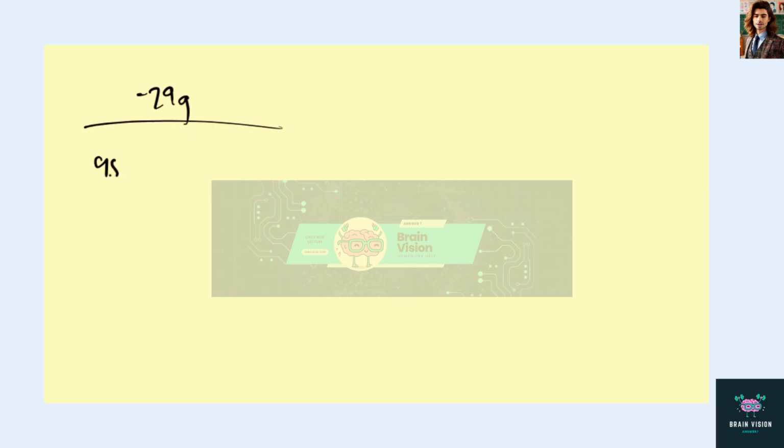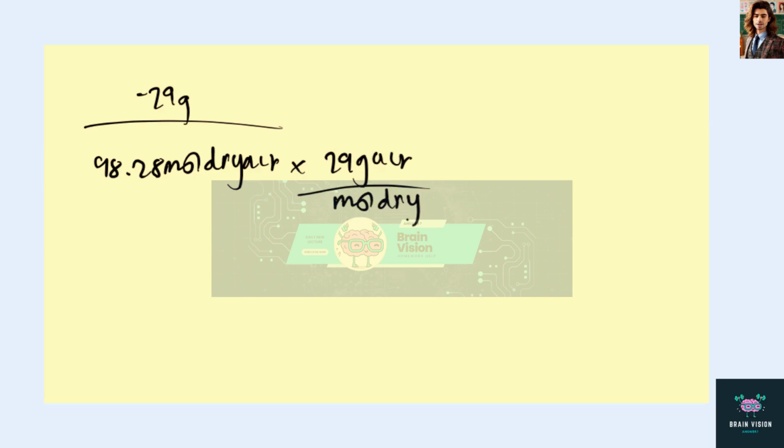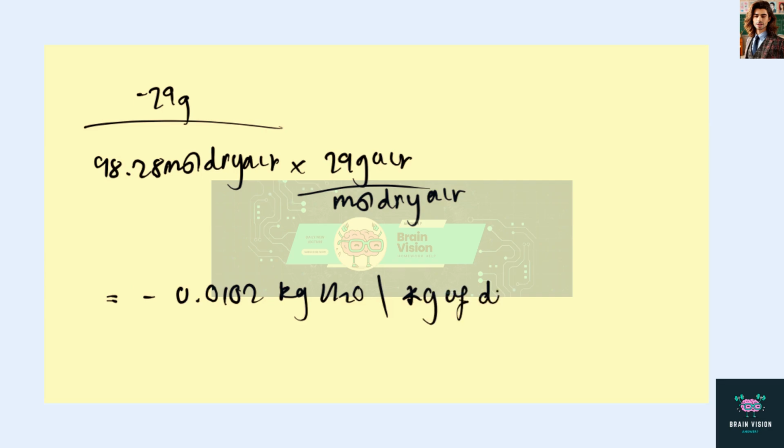Divide that by 98.28 moles of dry air, multiplied by 29 grams of air, divide that by moles dry air. What we get is a value of negative 0.0102 kilograms H2O per kilogram of dry air.